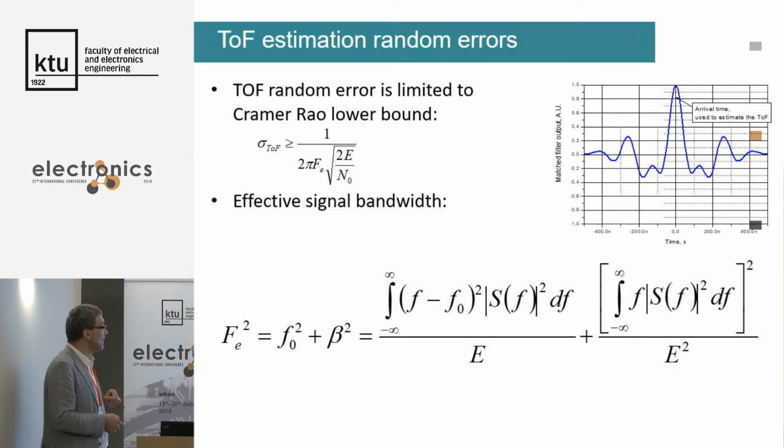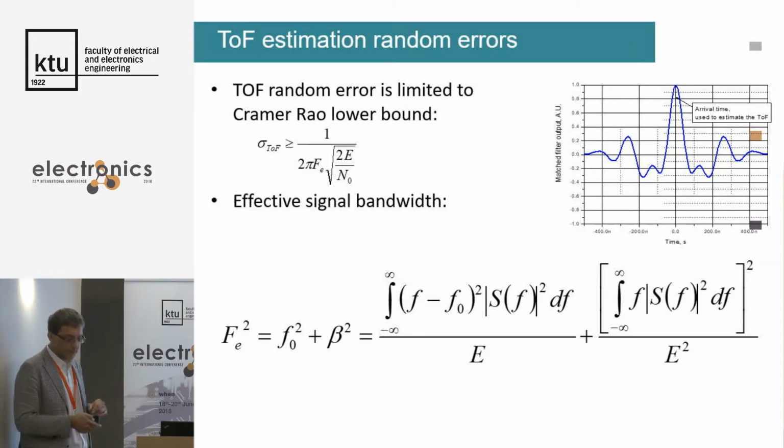Just to give you more feeling of what this effective signal bandwidth is: it can be thought of as a center, actually the center of gravity of the spectrum of the signal, so more or less the center frequency of the signal, and the envelope bandwidth, more or less the bandwidth of the signal.